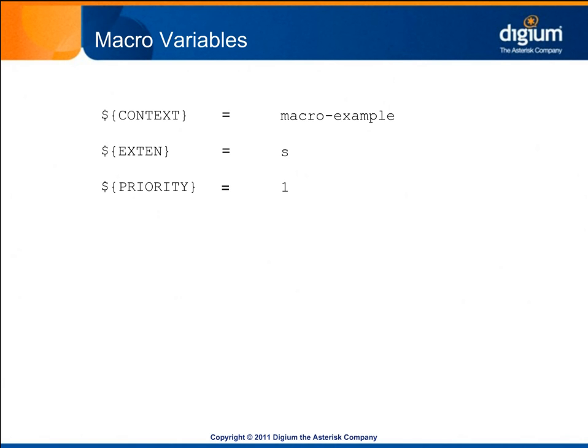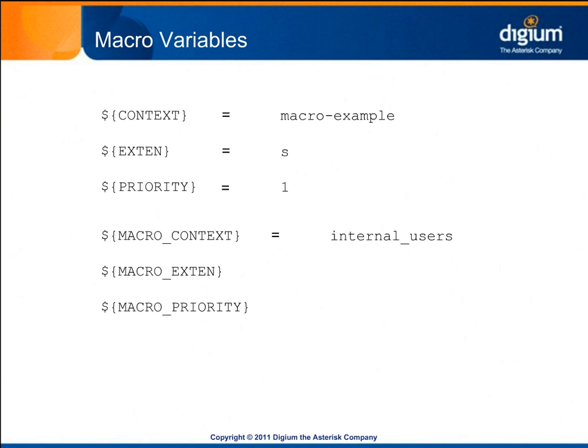But it can also be valuable to know where the macro was called from. The variables MACRO_CONTEXT, MACRO_EXTEN, and MACRO_PRIORITY store the values that were current when the macro was called. In the earlier macro example, MACRO_CONTEXT is internal_users, and MACRO_EXTEN is 6001. You can compare these to the values of CONTEXT and EXTEN to see the difference.